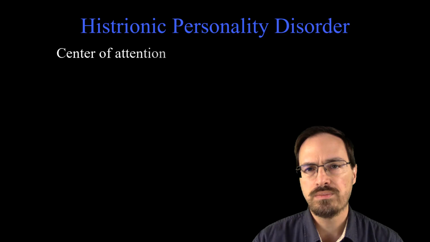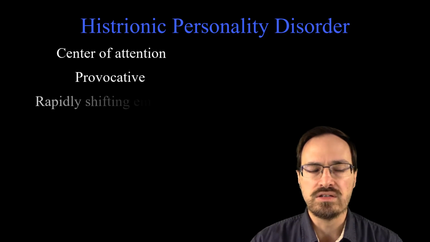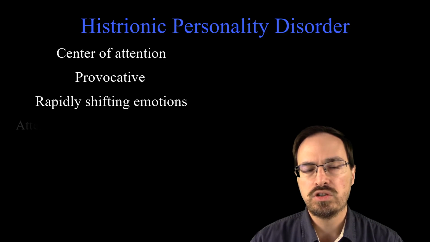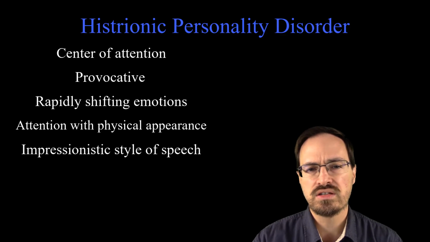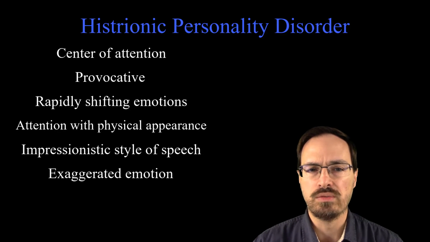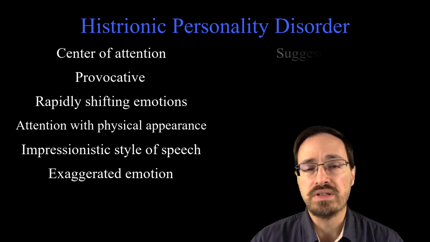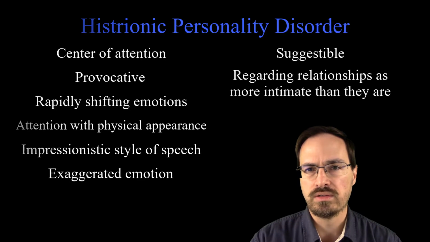So here we see being uncomfortable when one is not the center of attention, inappropriate, sexually seductive, or provocative behavior, rapidly shifting and shallow emotions, using one's physical appearance to draw attention, an excessively impressionistic style of speech that tends to lack detail, an exaggerated expression of emotions, being theatrical, being suggestible, and regarding relationships as more intimate than they really are.